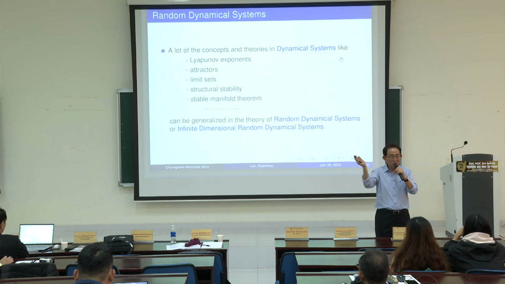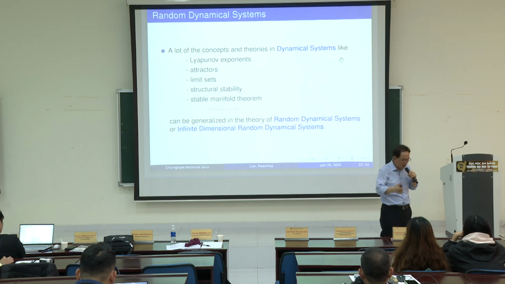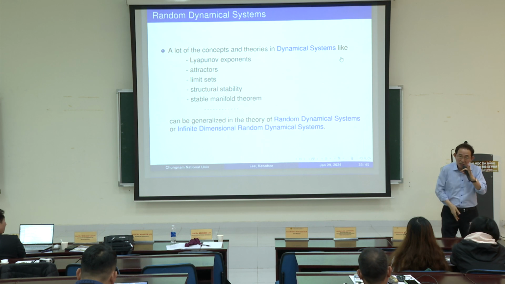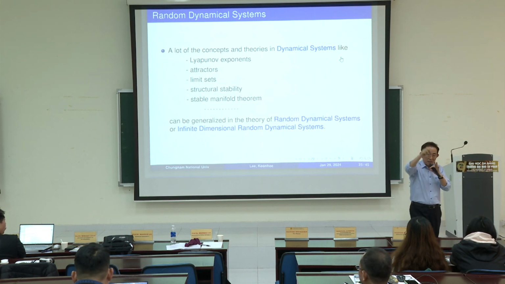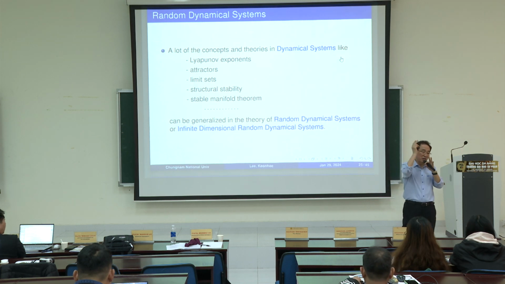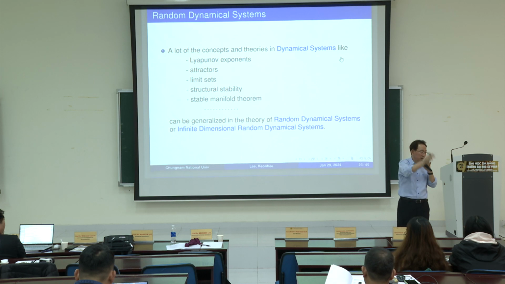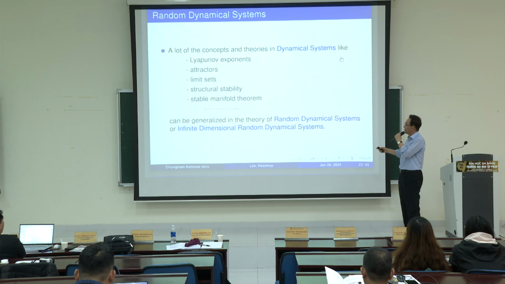Philosophy is same. The only difference is the complication, the vocabulary. In the case of random, there is a probability space and phase space here. In some sense, two actions. There is a driver, one direction, because of the noisy term.